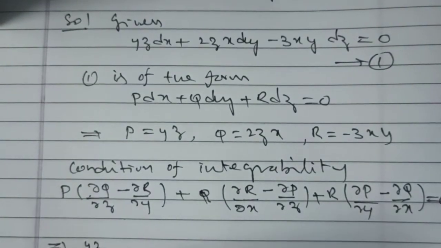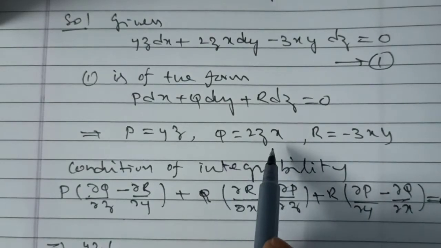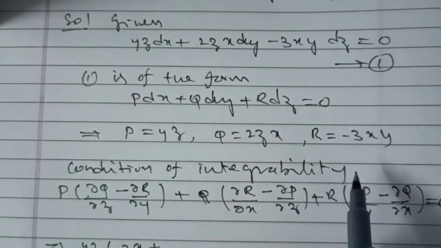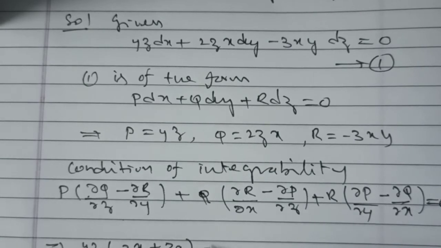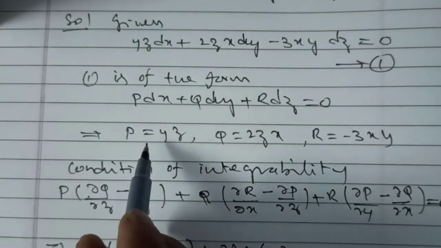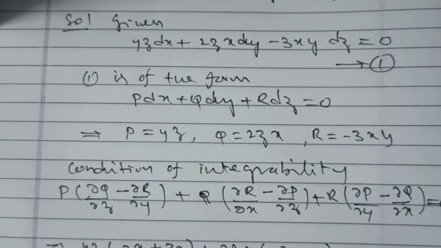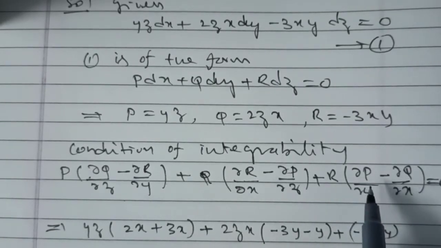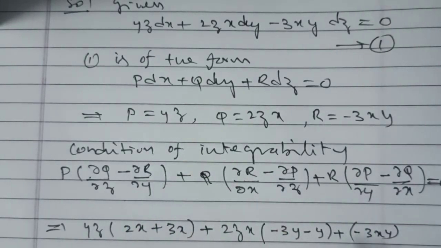This implies yz into (dou q by dou z, which is 2x, plus dou r by dou y, which is minus 3x; minus of minus is plus), plus 2zx into (dou r by dou x, which is minus 3y, minus dou p by dou z, which is y), plus minus 3xy into (dou p by dou y, which is z, minus dou q by dou x, which is 2z) is equal to 0.